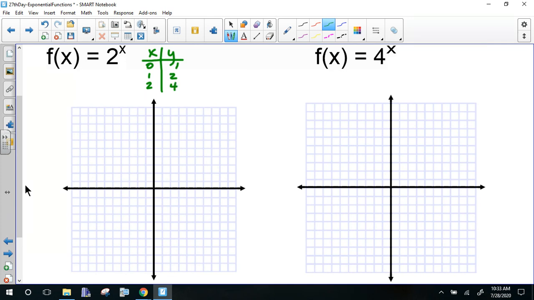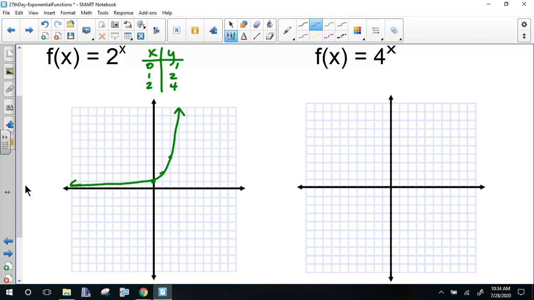If I plot those points, there's (0, 1), (1, 2), and (2, 4). My graph will look like this. This is y equals 2 to the x.